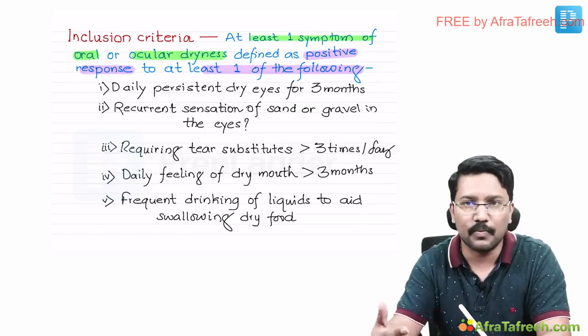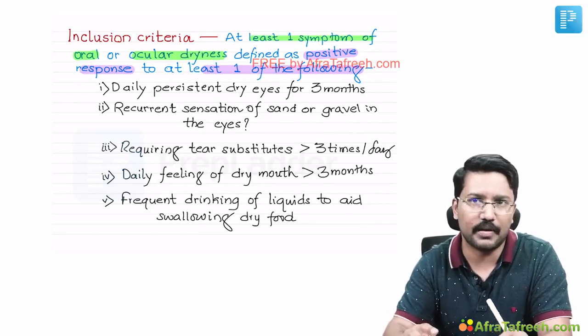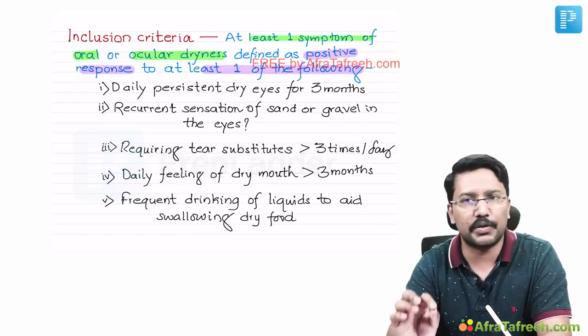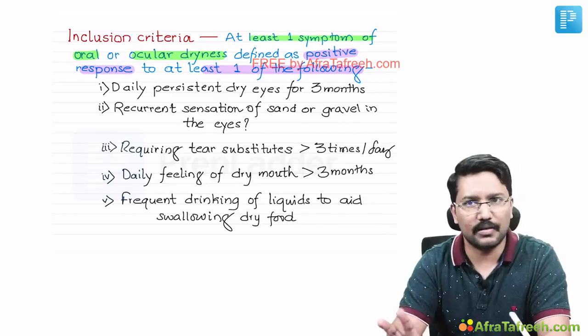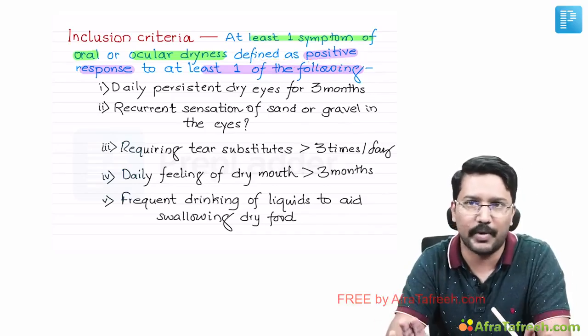But how do we get to know? For the inclusion criteria, we are not quantifying, rather we are putting 5 questions to the patient, and the patient should be saying yes to at least one of these questions, right? That is the inclusion criteria, and this should be met.